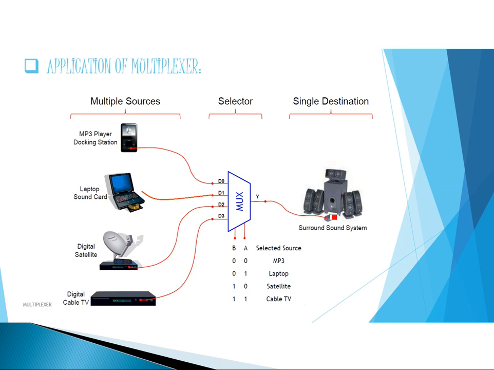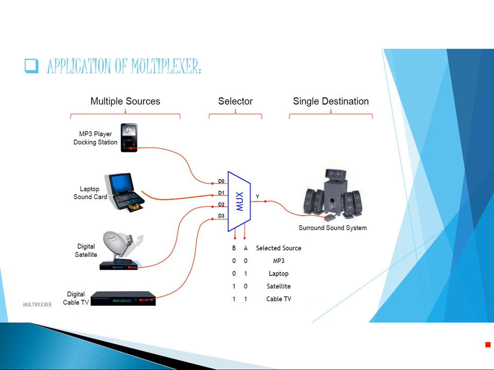So this is one application of how we can use a multiplexer to select multiple sources for a single destination. So this is all about the multiplexer. In the next video, we'll discuss decoders.